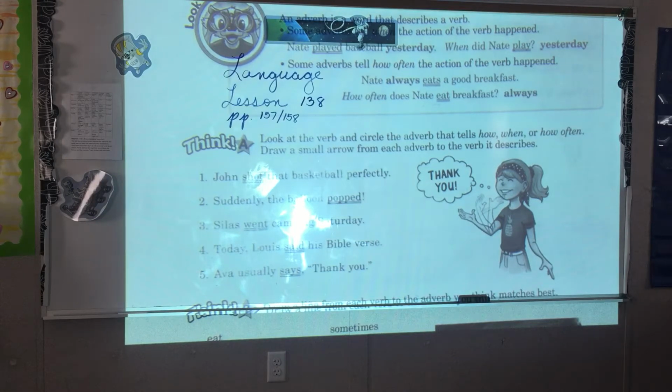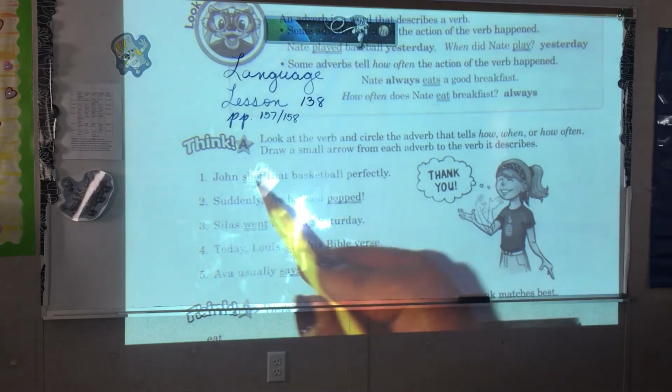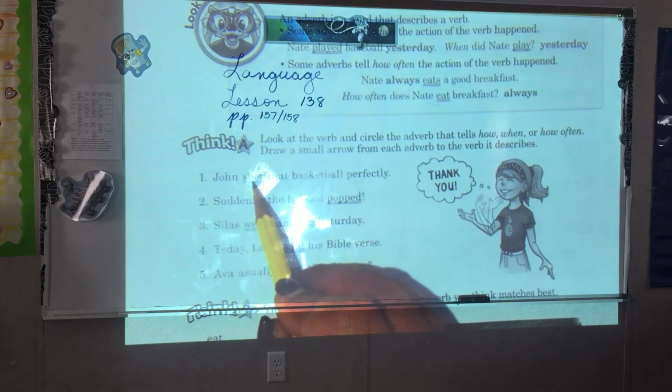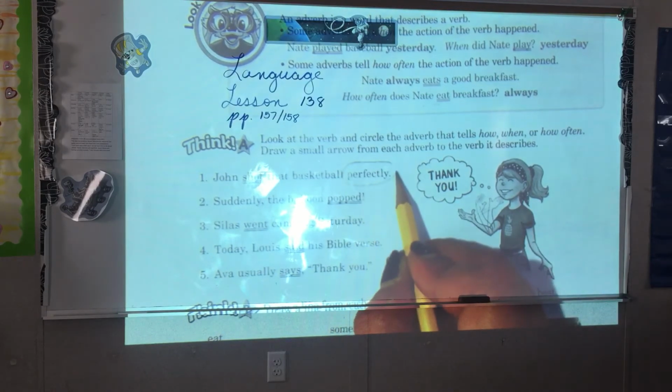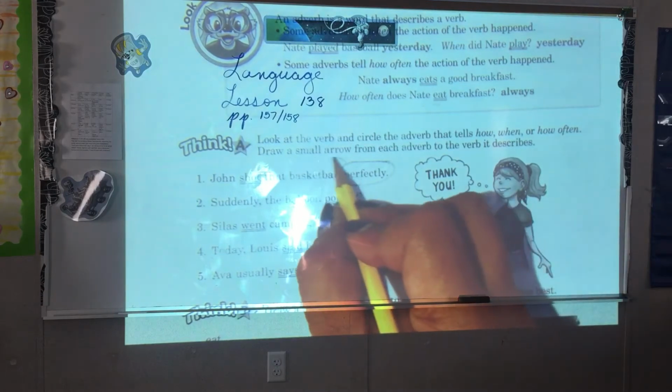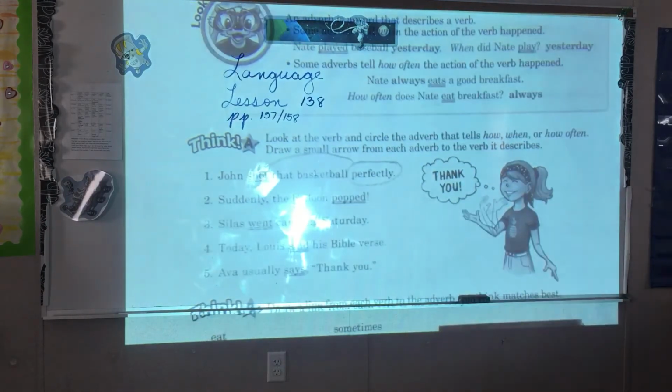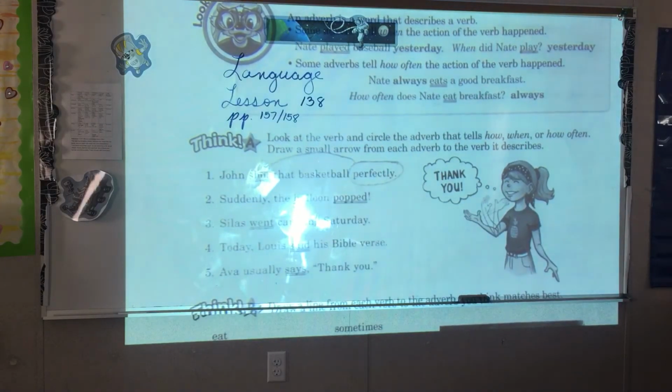So we have John shot the basketball perfectly. So my verb is shot. How did he shoot the basketball? He did it perfectly. So we're going to circle the adverb and we're going to draw a line to the verb that it is describing.